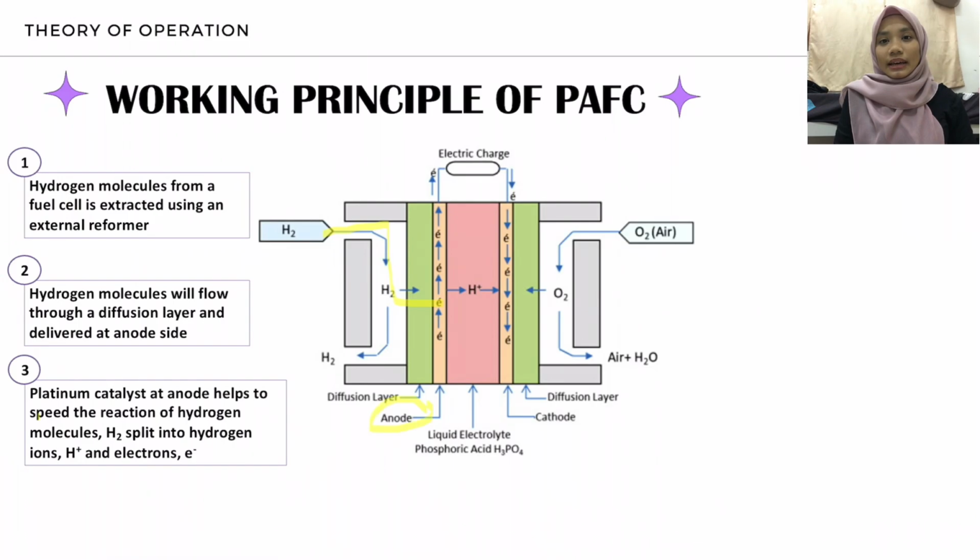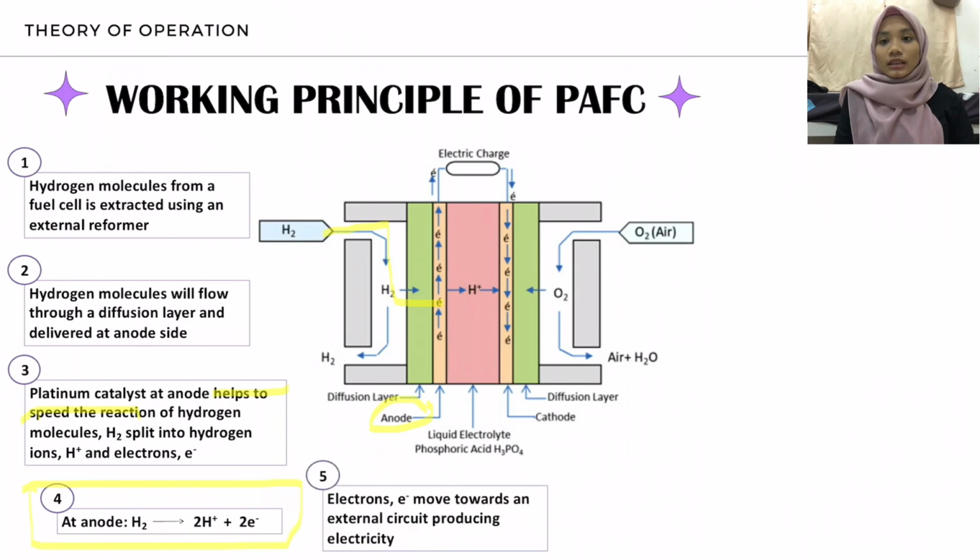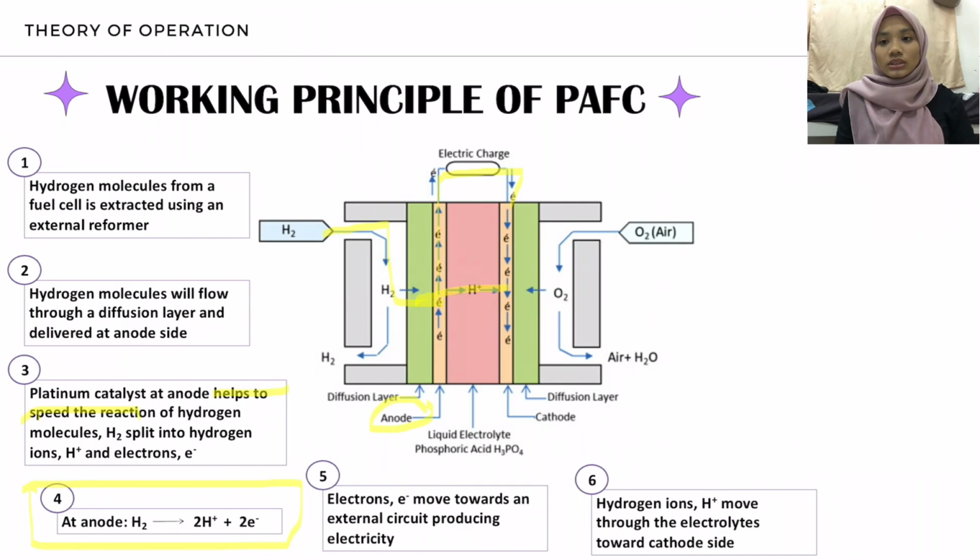The platinum catalyst at the anode helps speed up the reaction of hydrogen molecules splitting into hydrogen ions and electrons. This is the half reaction at the anode. Electrons move towards an external circuit producing electricity, while hydrogen ions move through the electrolyte toward the cathode side.